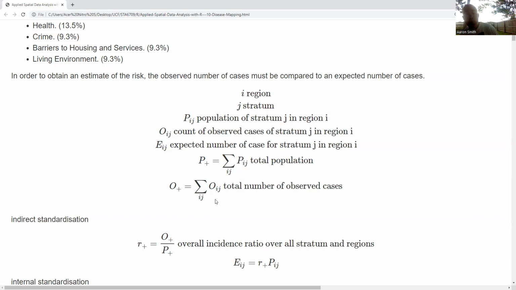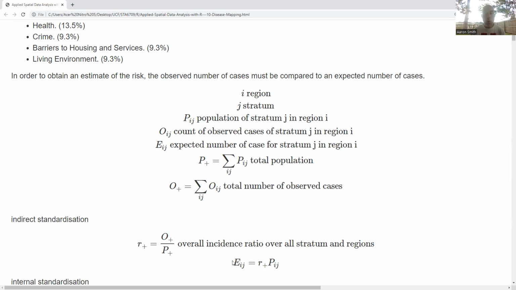Once we have that, one thing that we would want to have is the overall incidence ratio across all strata in all regions. To get that, I'm just going to take the number of observed cases over the total population.